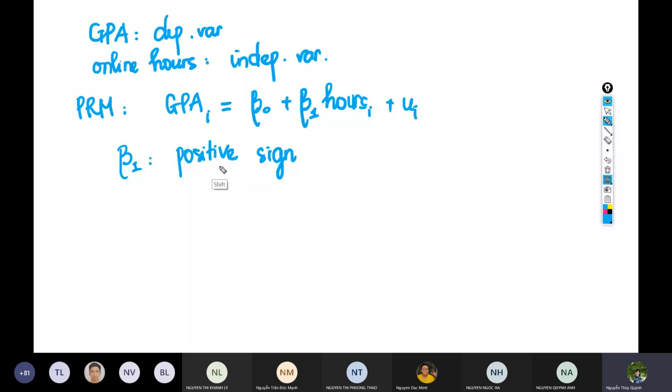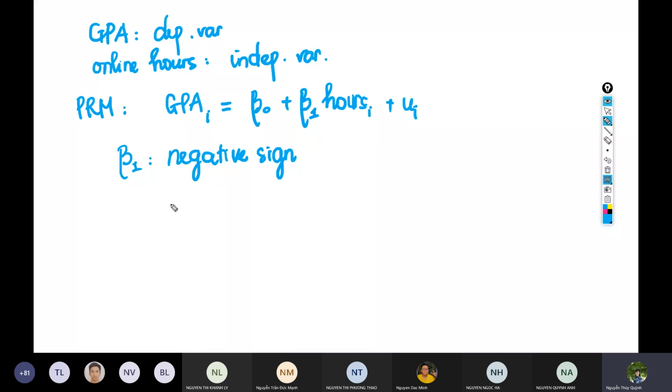So explain your reason. I think when they spend more time on the internet, they will be distracted by many things, so they cannot focus on studying. Yeah, so the mechanism here is that as they spend more time on the internet for recreation activities, they will have less time for study, right?